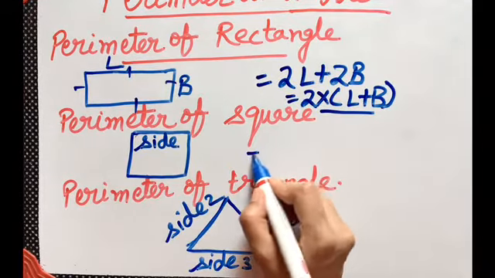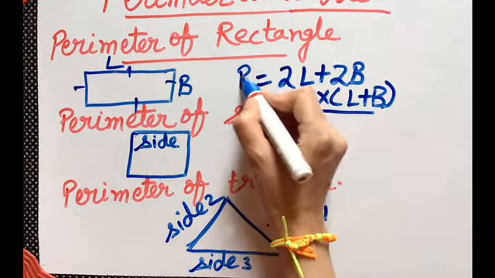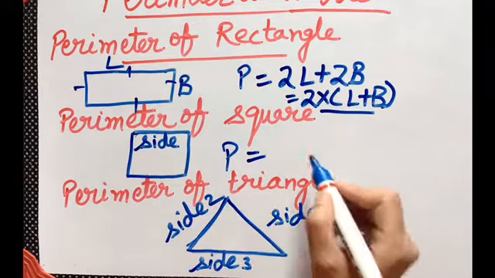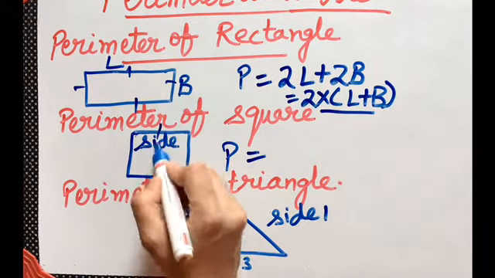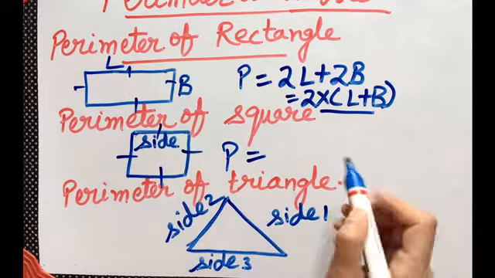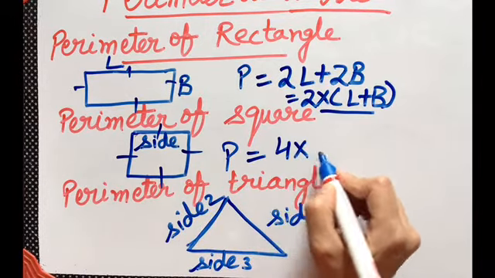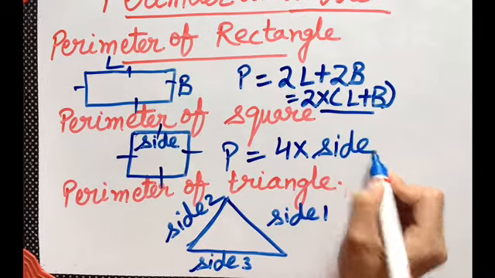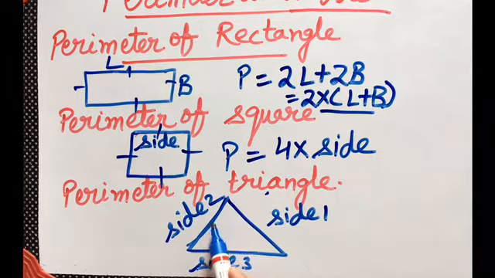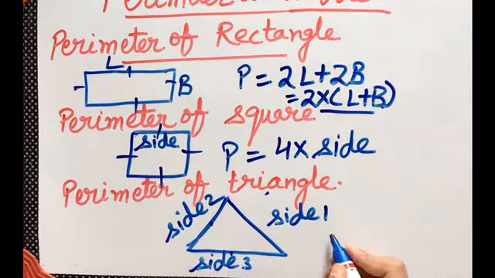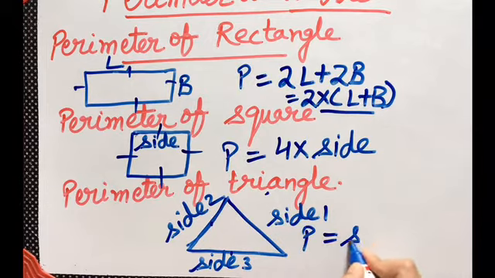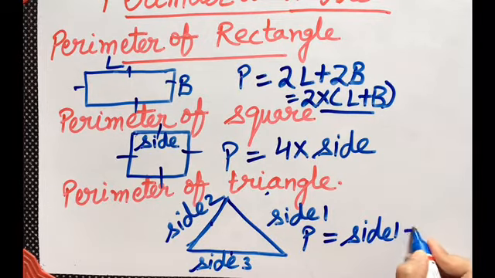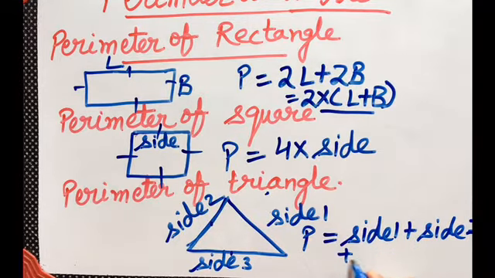In case of square, if I denote it with P, it is 4 times side: side plus side plus side plus side. So it is 4 multiplied by side. And in case of triangle, we have 3 sides, side plus side plus side. So it will be side 1 plus side 2 plus side 3. So it is the sum of all sides.